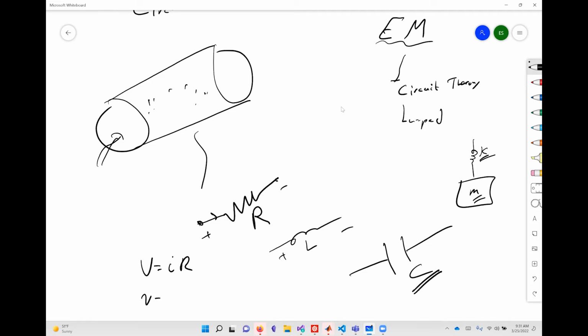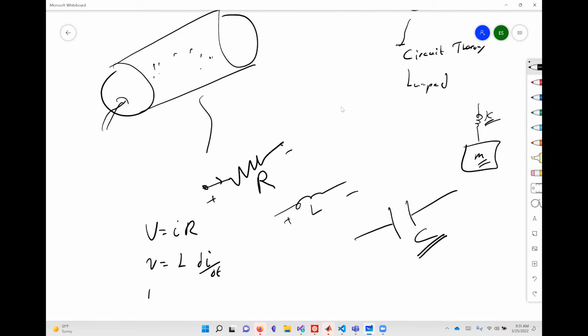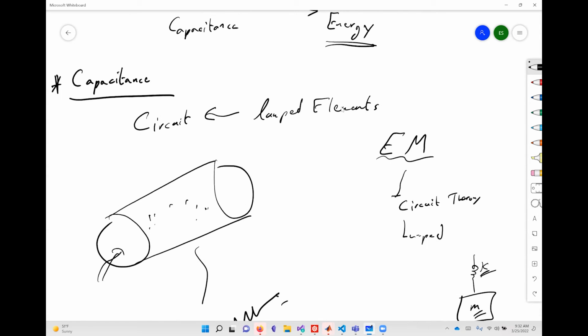And then V equals L di over dt for an inductor. And then I equals C dV over dt for a capacitor. That's what you care about, the relationship between the current and the voltage, lumped by a certain parameter. Now, how do you get a certain C and a certain L? You might have studied that you have to design the capacitor this way, or the inductor this way. But in terms of EM theory, what is capacitance really?